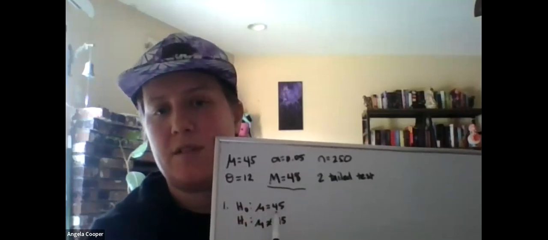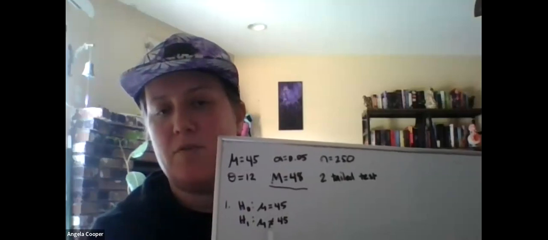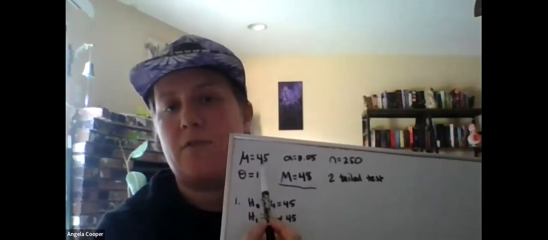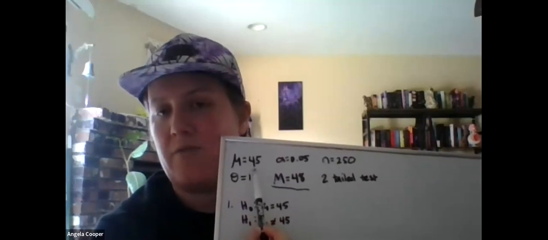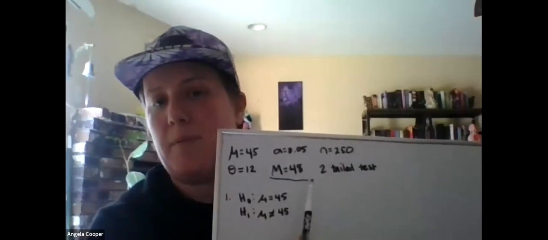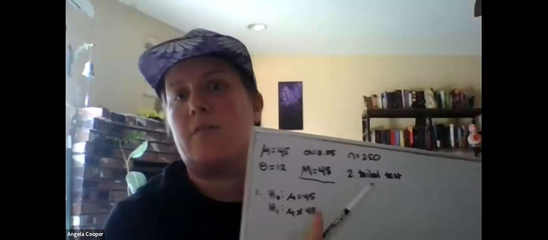So the mu equals 45 and mu does not equal 45 for the alternative hypothesis is not referencing the population mean that the question provides, but rather the population of the sample, which is what we're generalizing for.